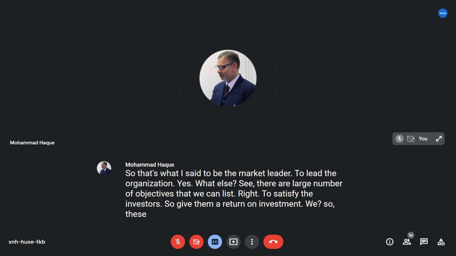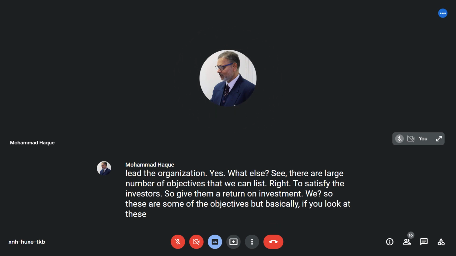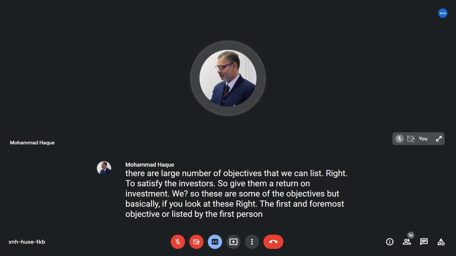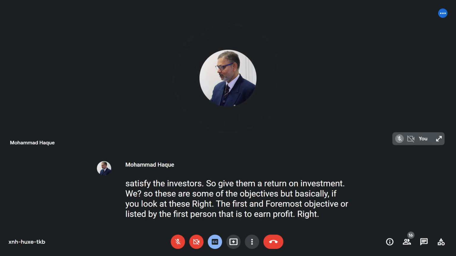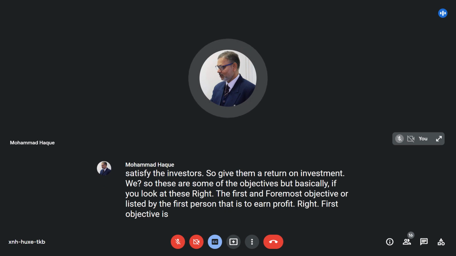So these are some of the objectives. But basically, if you look at these, the first and foremost objective was listed by the first person, that is to earn profit, right? First objective is to earn profit.